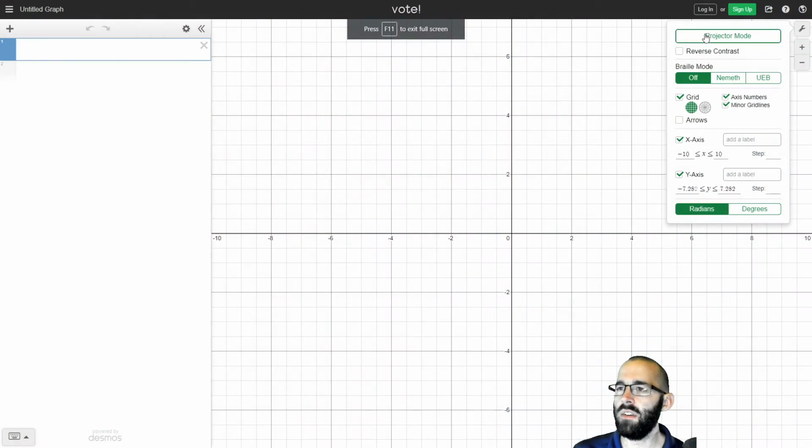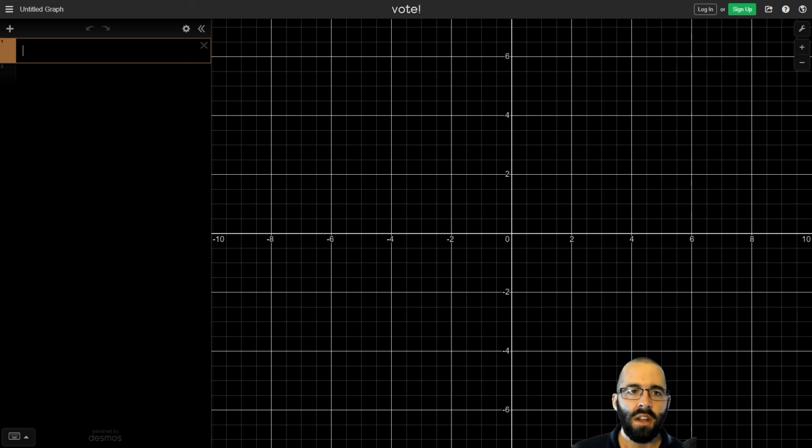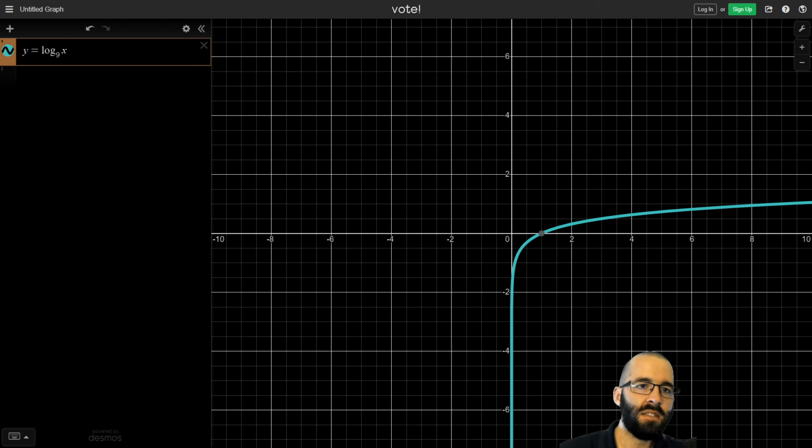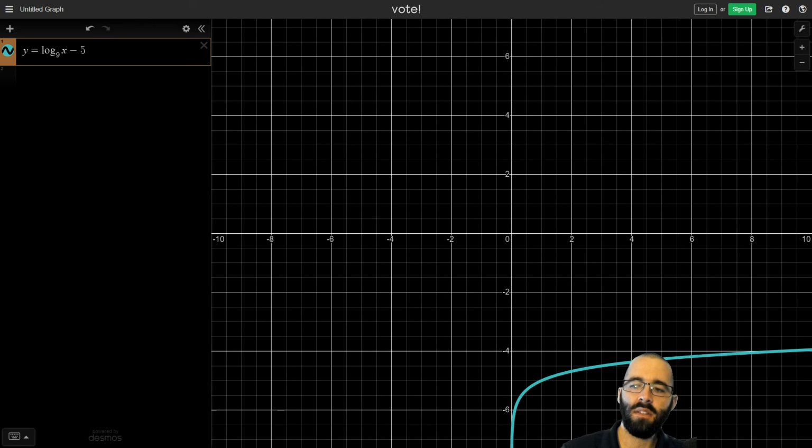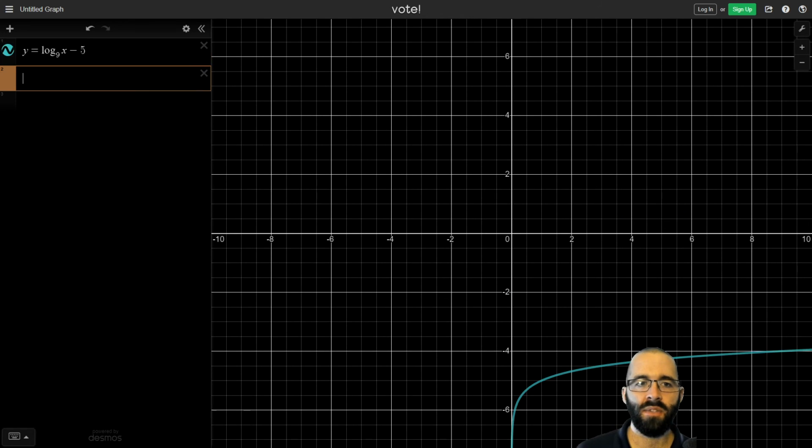All right, so let's go over here. The left-hand side, that's going to be a log base 9. So you can use the underscore to get the base, and then tab out of the underscore. Log base 9 of x minus 5. Should look like that. The other side was just -4.